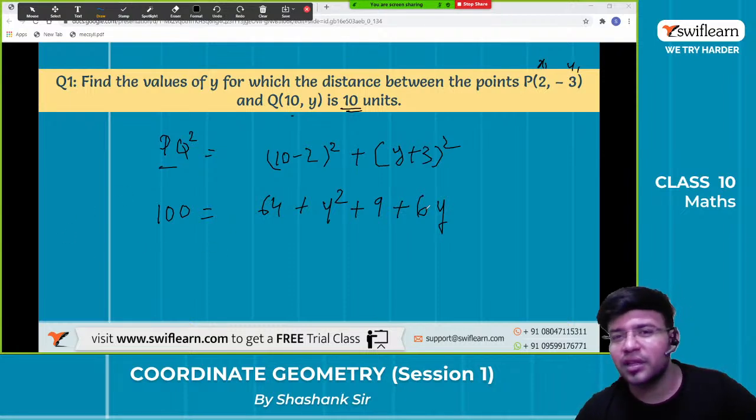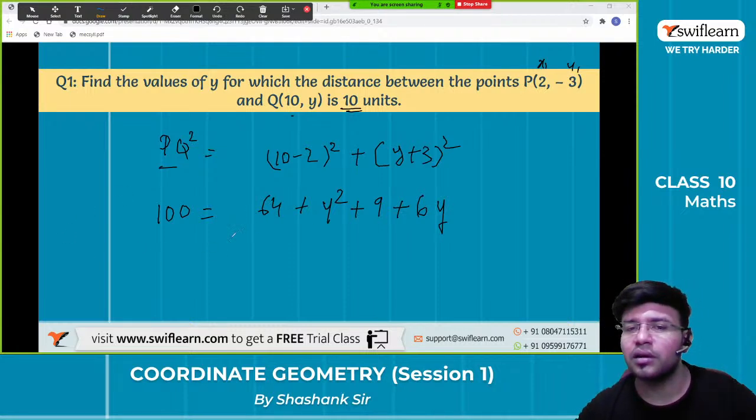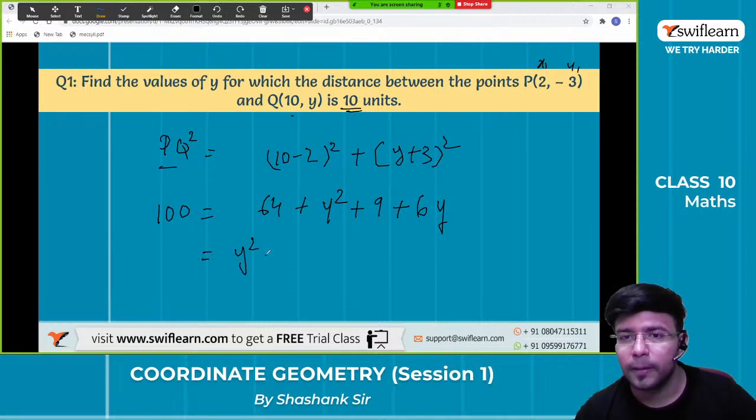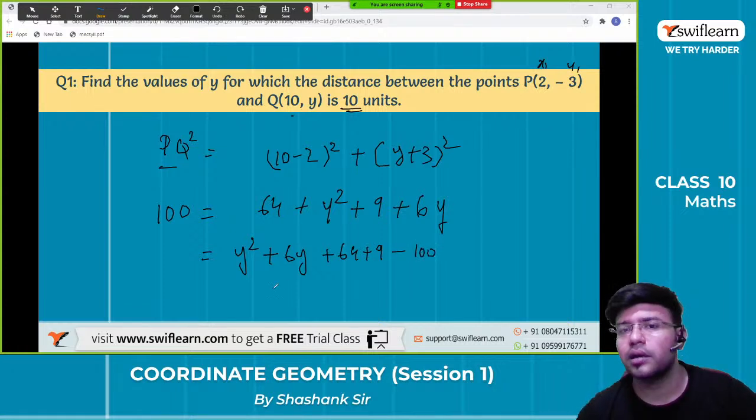Now take everything on the right hand side. Okay, we get y square plus 6y plus 64 plus 9 minus 100. Do this, how much do you get? 64 plus 9 is 73, and 73 minus 100 gives a negative answer.